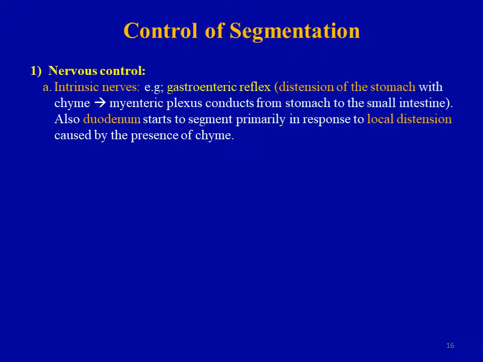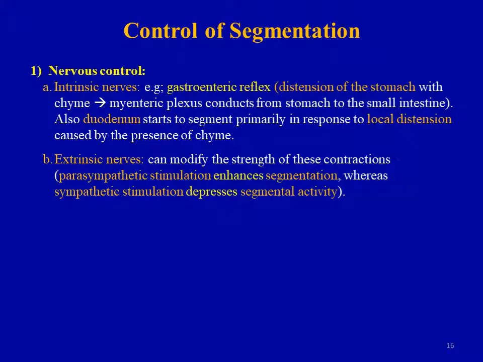Also, the duodenum starts to segment primarily in response to local distension caused by the presence of chyme. So the presence of food in the stomach can induce segmentation. Also, the presence of chyme in the duodenum can induce segmentation. So this is neural control mediated by mechanical stimuli or distension.